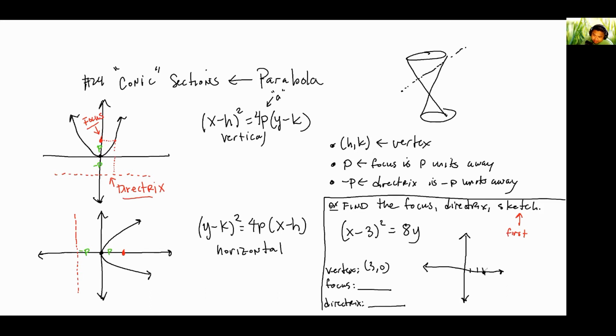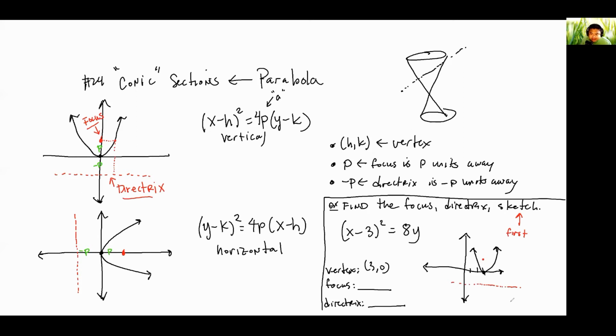It's facing up, and we can give it a rough sketch right here. Ugh, this looks stupid. But we now know the focus is going to be inside the parabola, facing up somewhere here. We know the focus will be here, and the directrix is down here. The question is, what exactly are they?